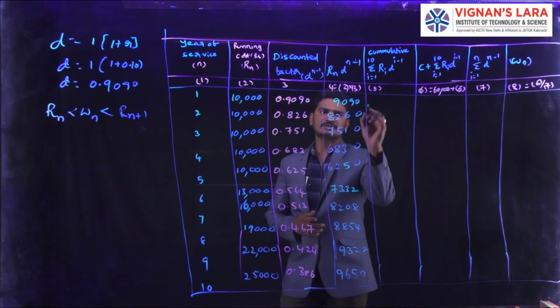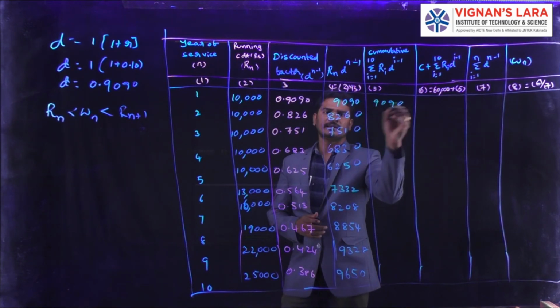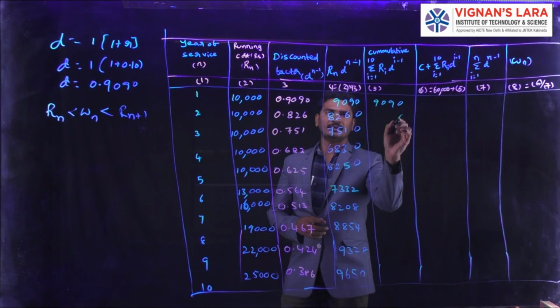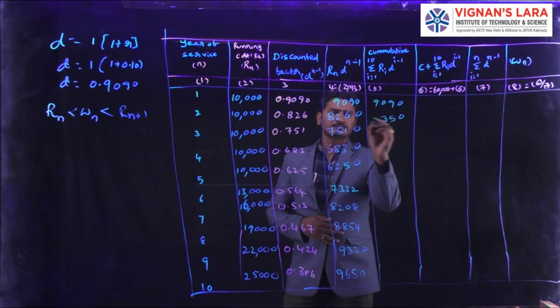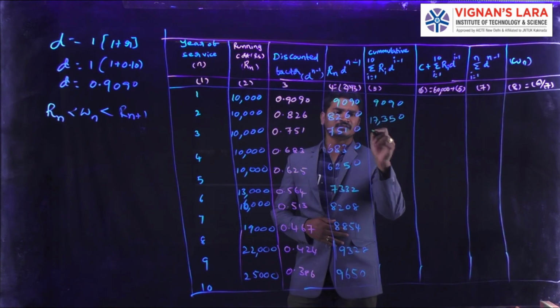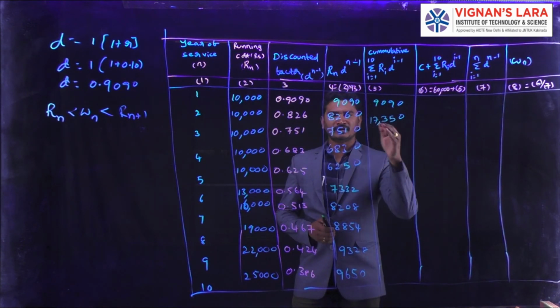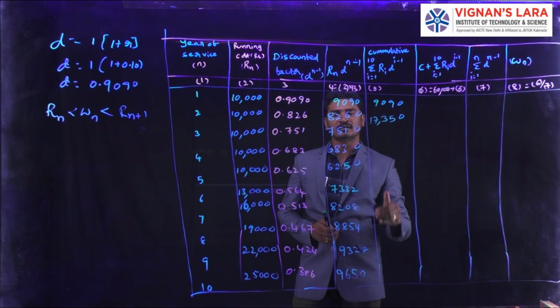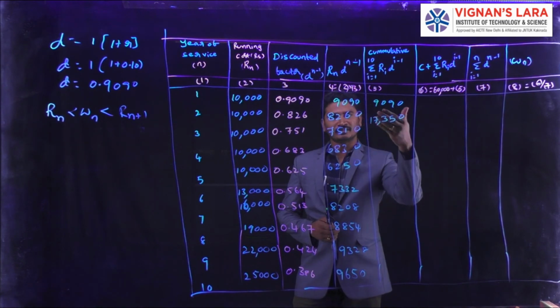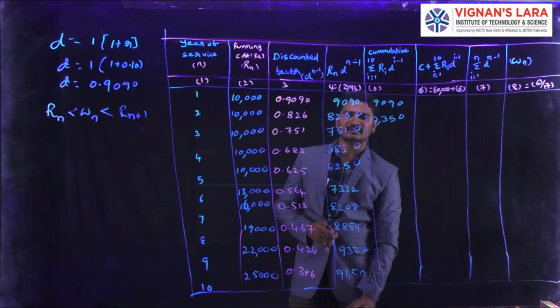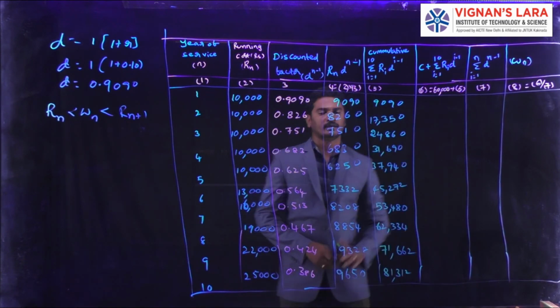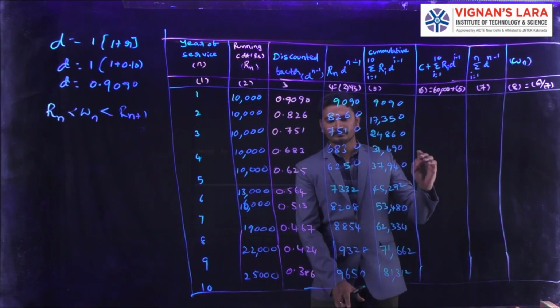The first year we get 9090. Coming to the second year we get 17,350. I am going to write all the values by accumulating the previous years, for 10 years.